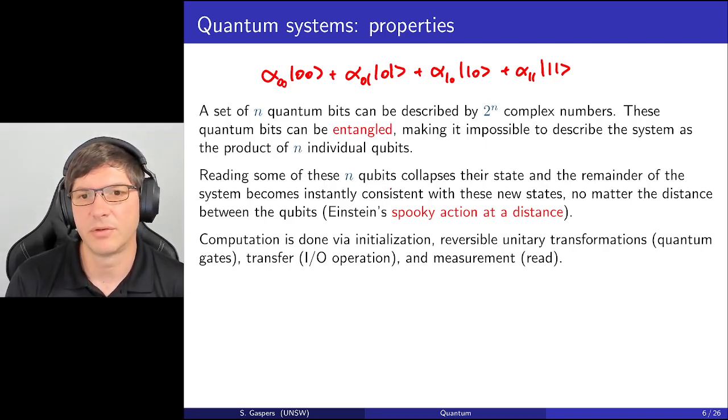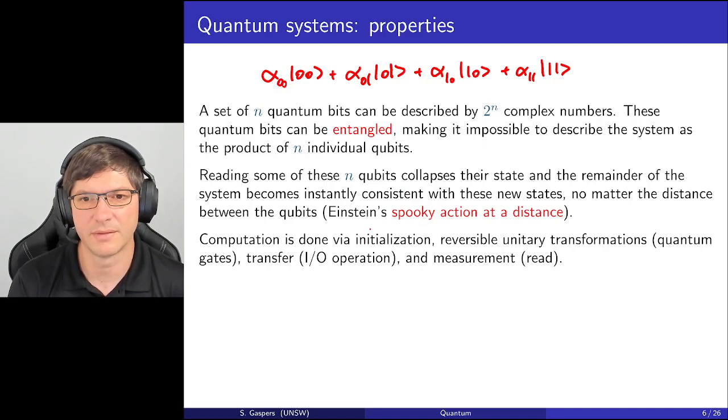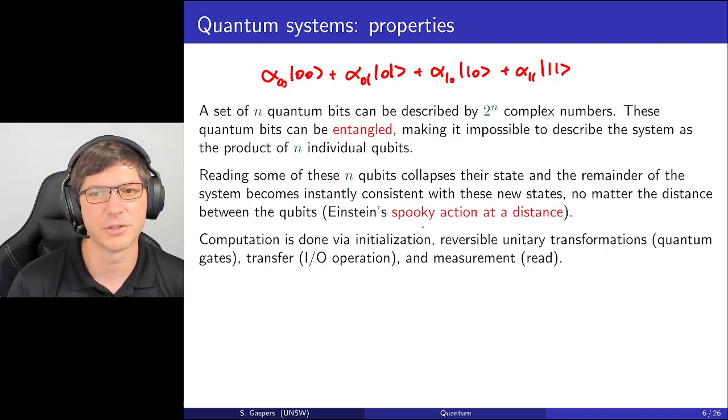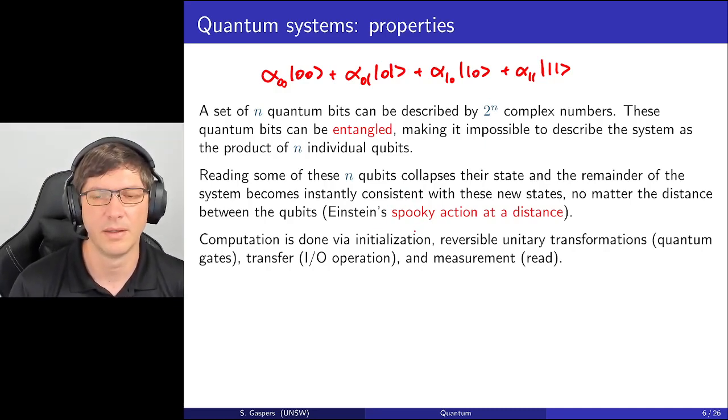But reading some of these qubits collapses their state, as we saw earlier, and the remainder of the system becomes instantly consistent with these new states. And no matter the distance between the qubits, and that's Einstein's spooky action at a distance.